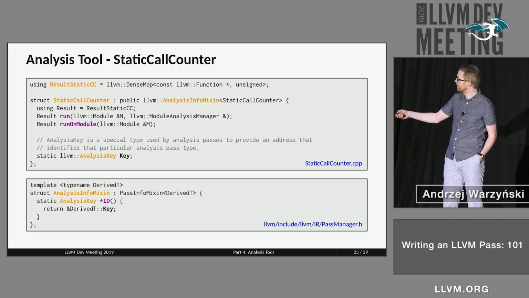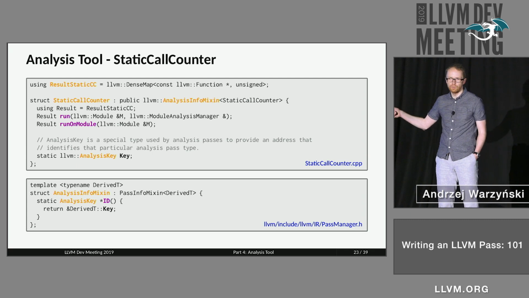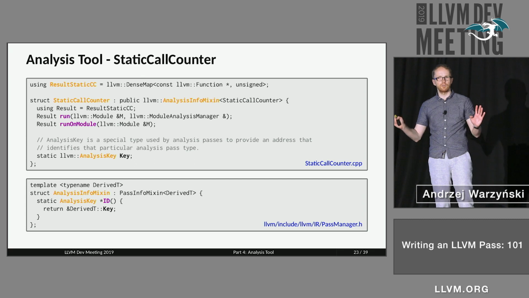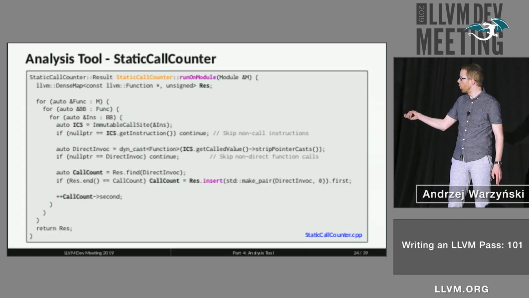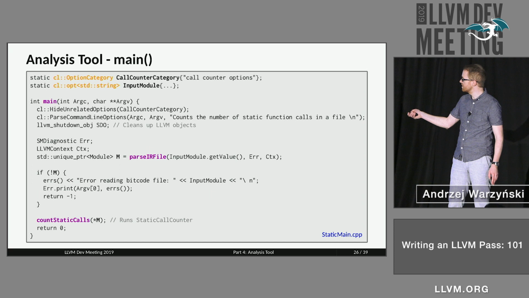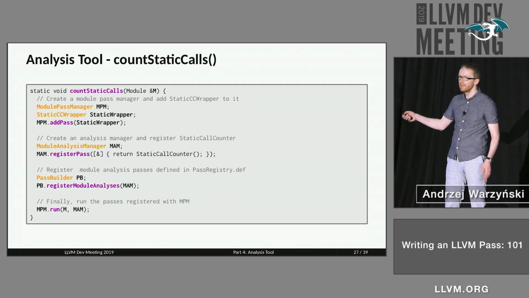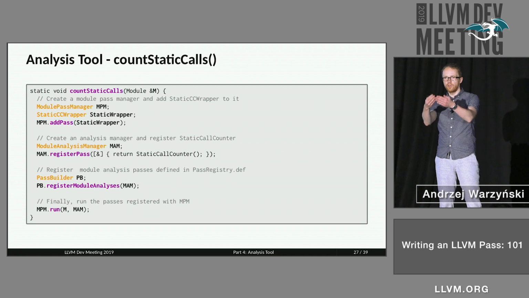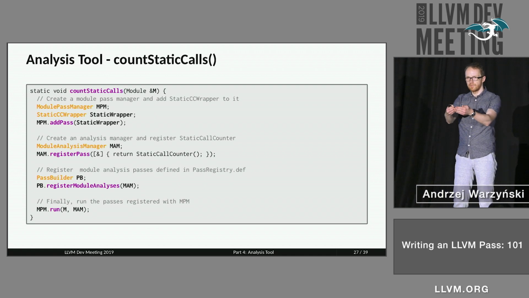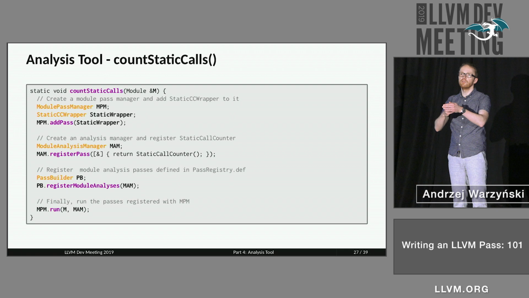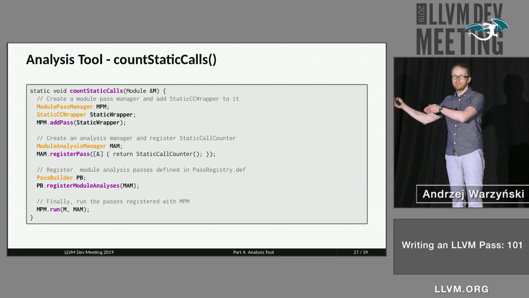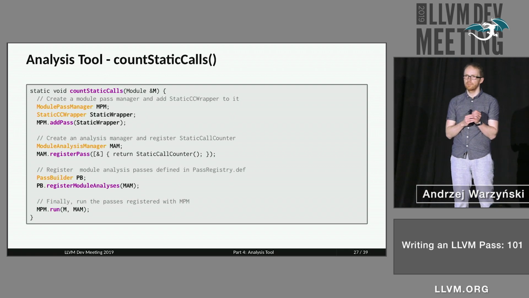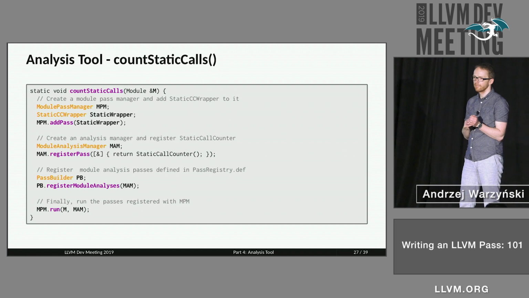The way I define it, the run method takes a unit of IR to run on, and I specify it as module. So I decided I want this to run on the module. When I then go to where I want to use it and add it to the pass manager, I have to use the corresponding pass manager, the module pass manager. But you do it yourself. There's no mechanism. Well, opt will do it for you if you use opt. But here, we do it ourselves.